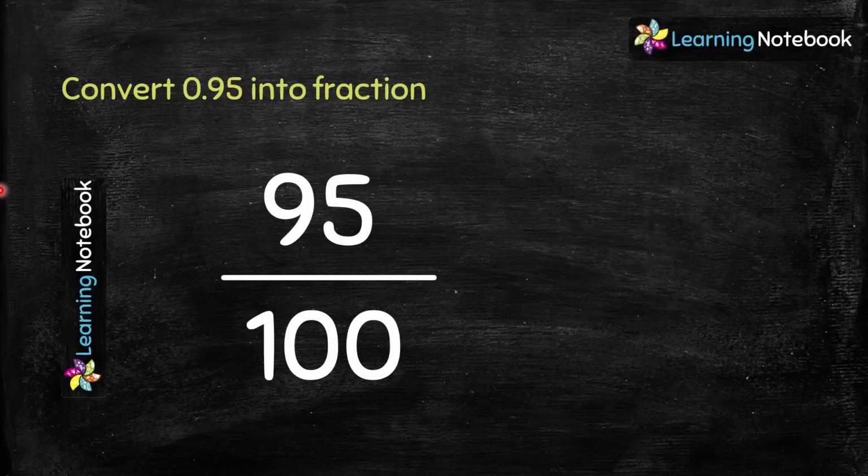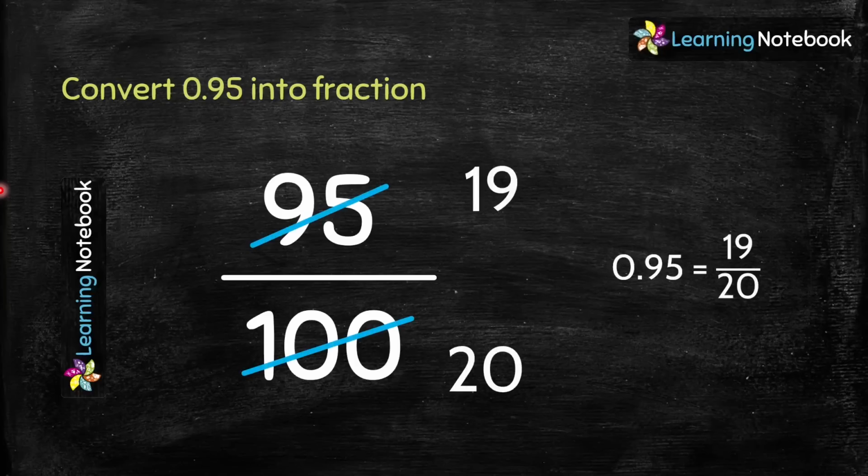Now students, look carefully and you will find that there is a common factor between numerator and denominator, which is 5. So let's simplify this fraction. 5 into 20 equals 100 and 5 into 19 equals 95. So we have simplified the fraction as 19 by 20, which is our answer.